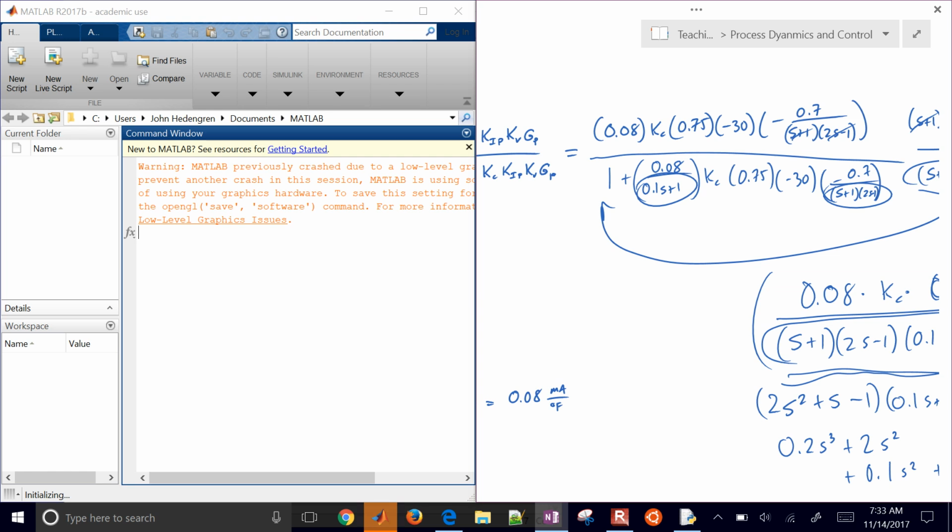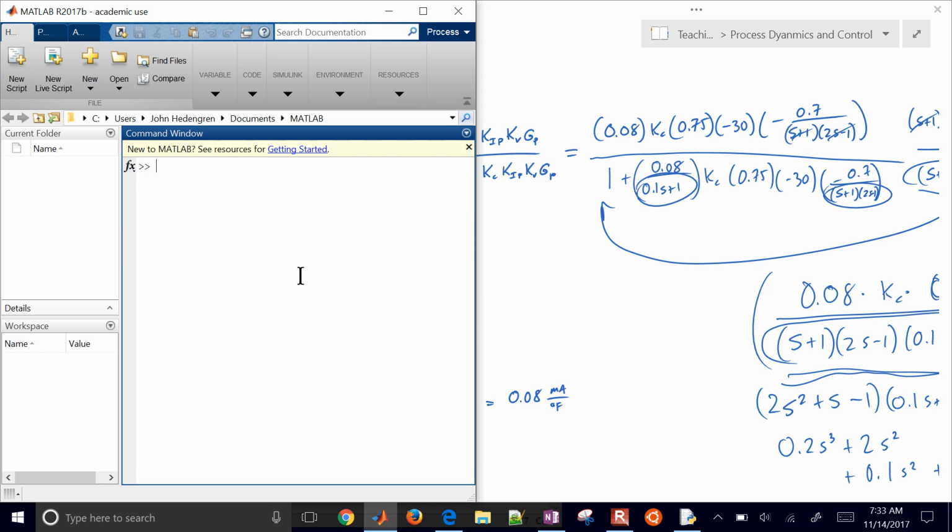Here we go. I'll just clear the screen and make a new transfer function variable s, and I'll have my open loop transfer function, and I'll just multiply these out. 0.1 times s plus 1 times, I'll just leave off the Kc there.